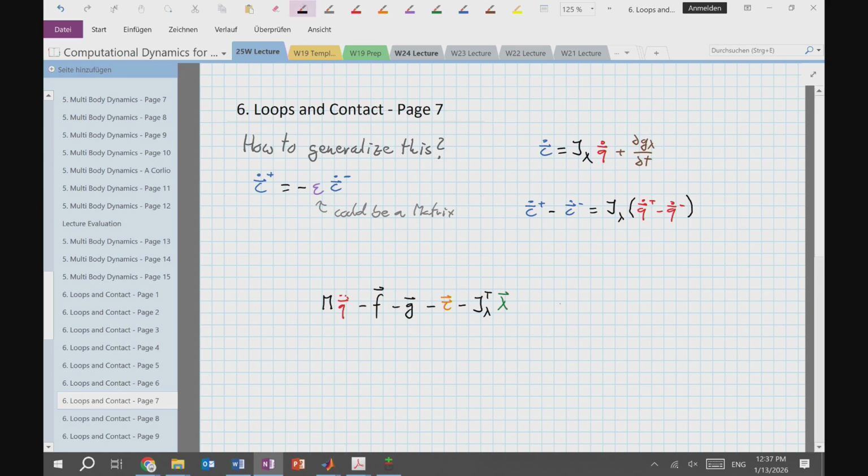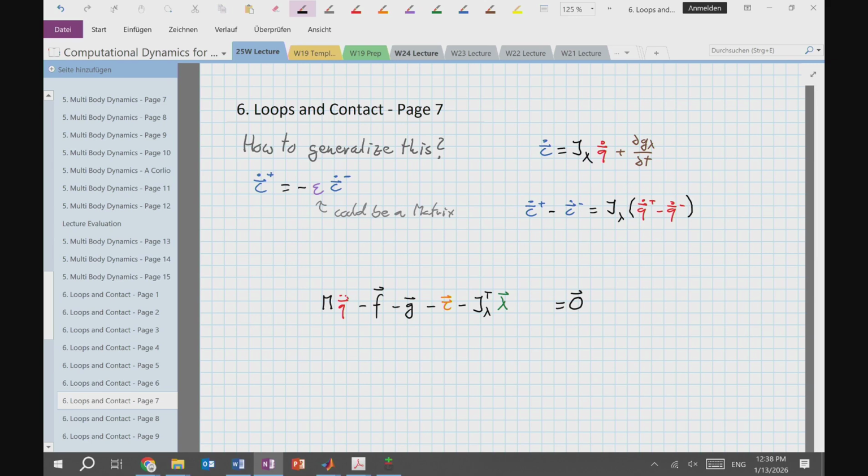And since I moved everything to the left-hand side, on the right-hand side, all I will have is a 0. Now, we already know that we will not be able to work with this equation because it contains q double dot and lambda, which will tend towards infinity. And we cannot do math with infinite values. But we know that their integral is going to remain finite.